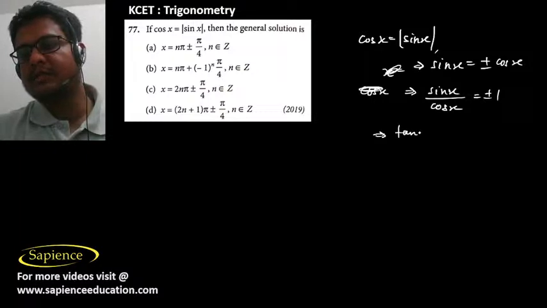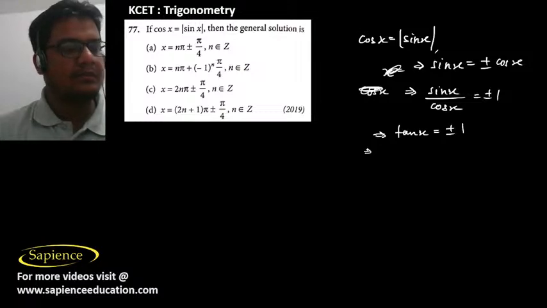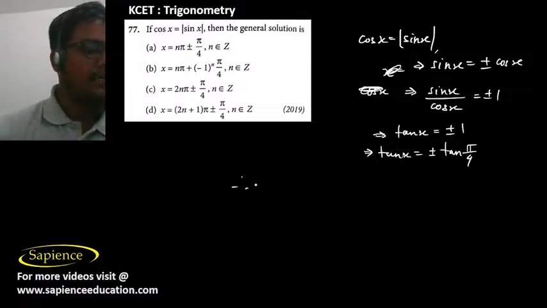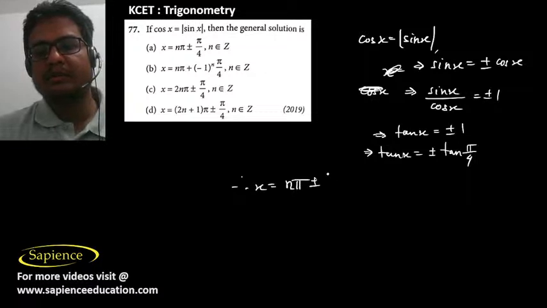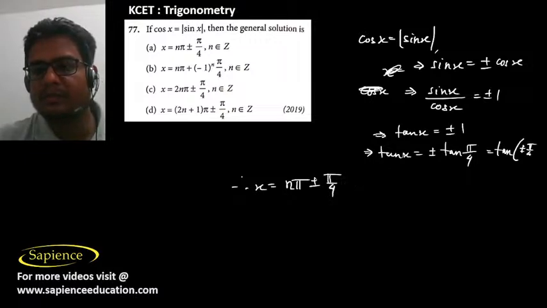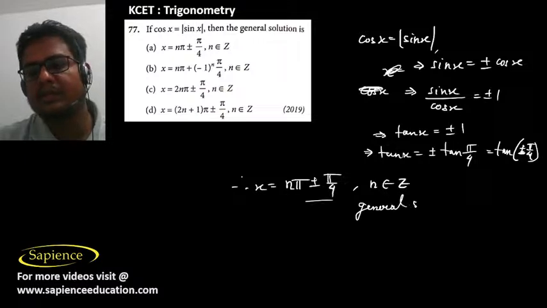It means tan x is equal to plus or minus tan pi by 4. So therefore x should be equal to n pi plus or minus pi by 4, since tan of minus theta is minus tan theta and tan of plus theta is tan theta. So n pi plus or minus pi by 4 where n belongs to Z. This is the required general solution of the given trigonometric equation.